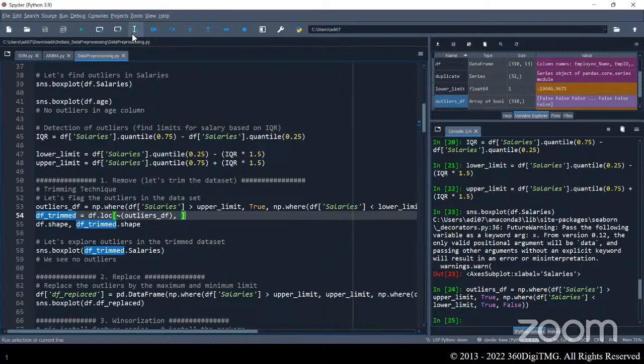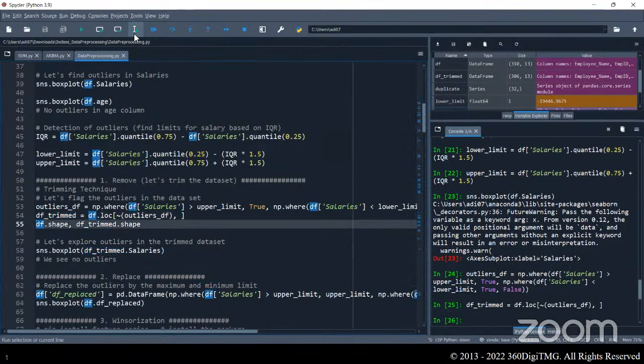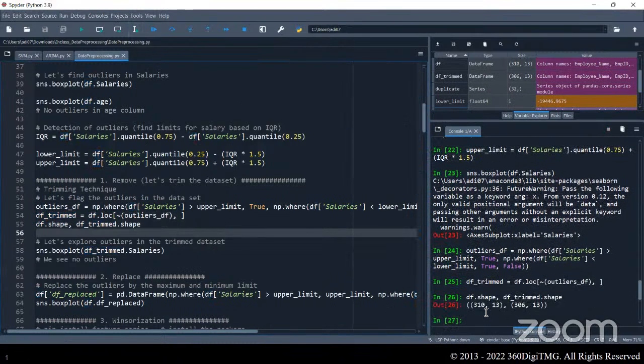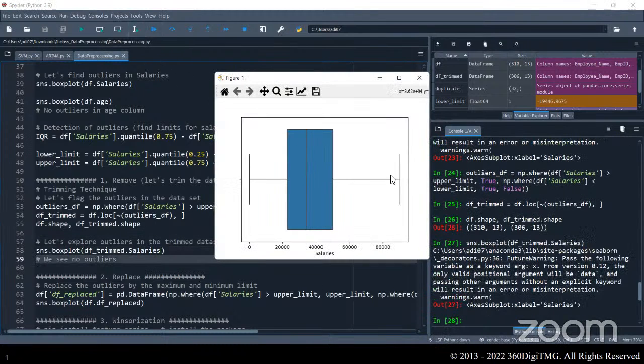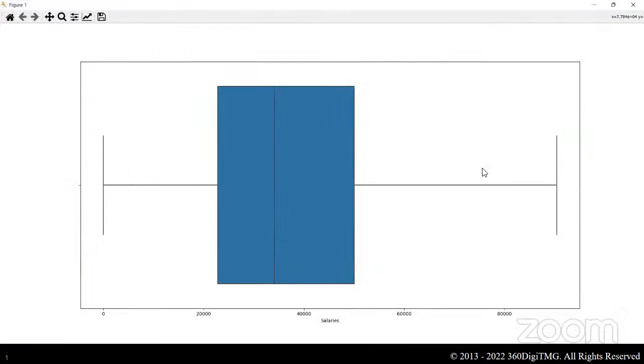Now we'll remove these outliers, and here we can compare the shape. We had 4 outliers and those 4 values have been removed. Now we can draw the box plot again and we'll see that our outliers have disappeared.